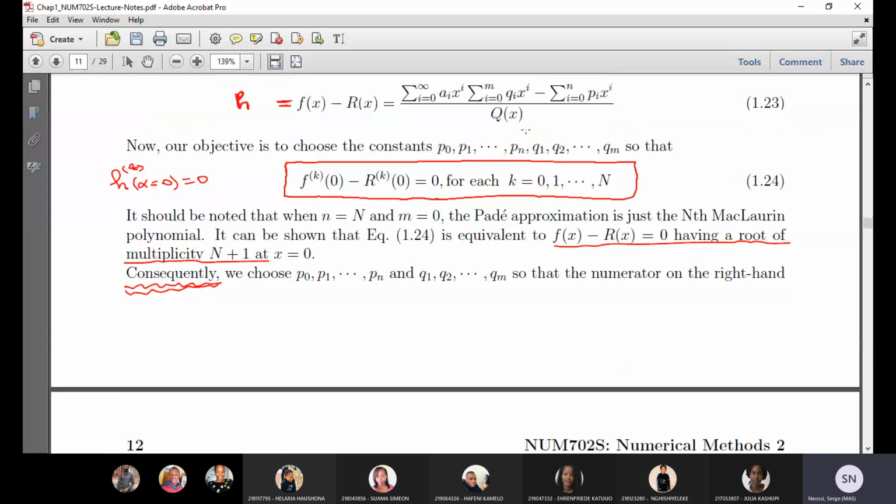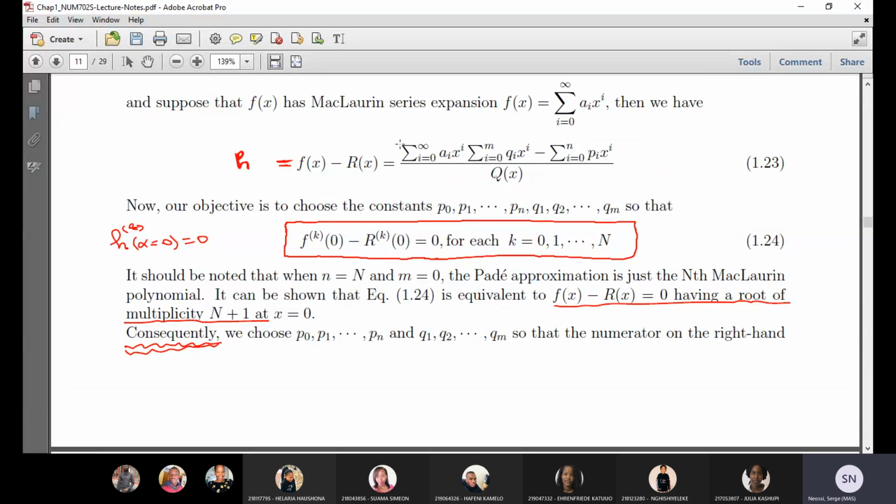That is what will appear in this expression.